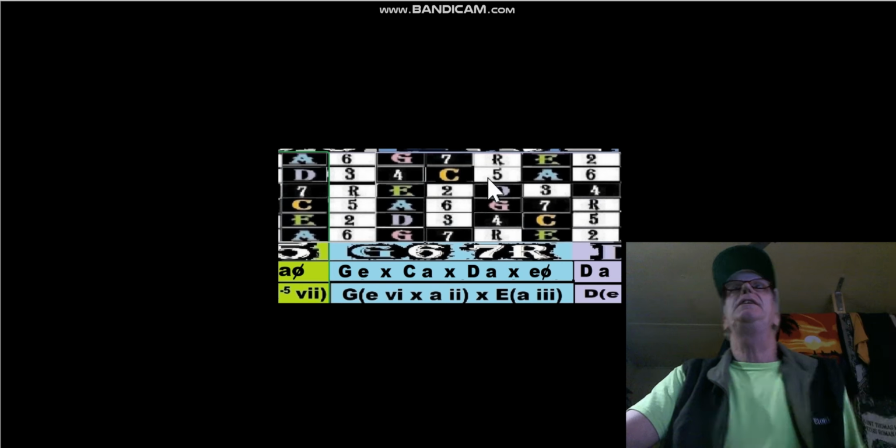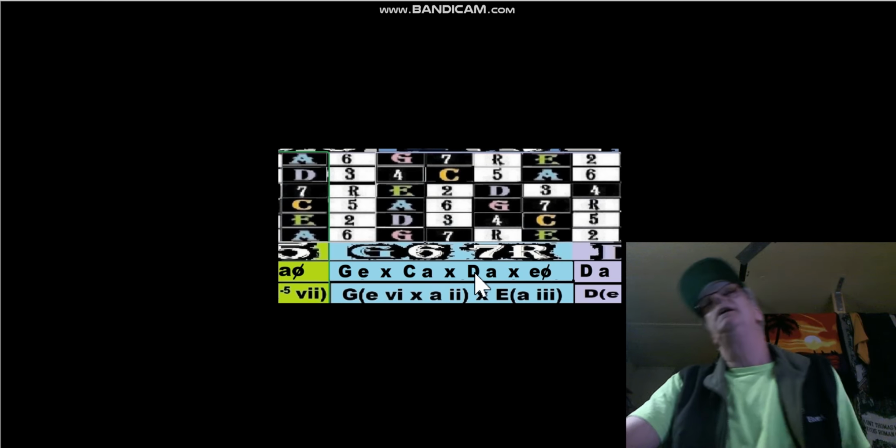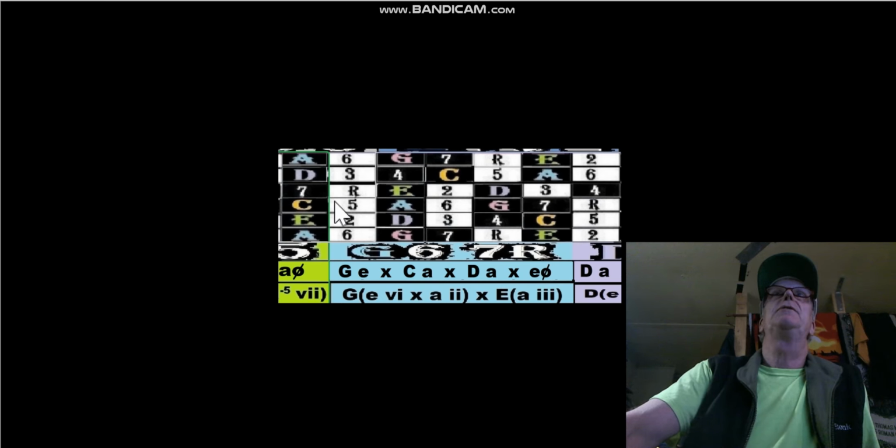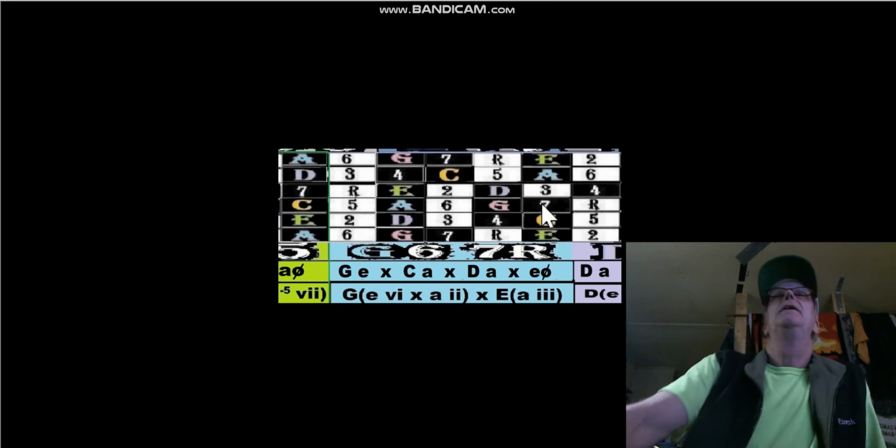In the D shape, 2, 5, 7 right there, advance the CAGED letter to the next CAGED word, C. But with the C we can't get 7, 3, 5 because this 7 is not part of the cage. So we advance that C to an A again, and we get the A minor shaped 7, 3, 5 right there. That's shape fitting now. We've got shape fitting within the G cage.